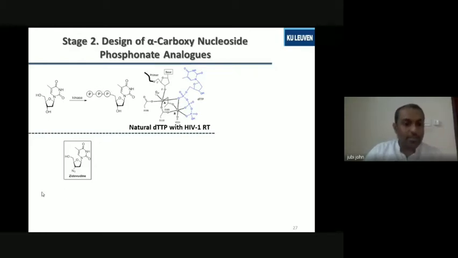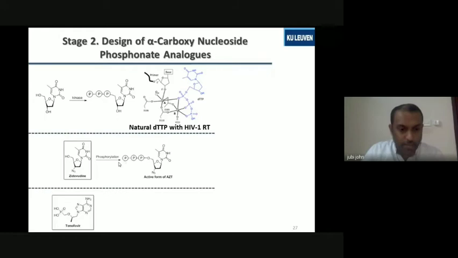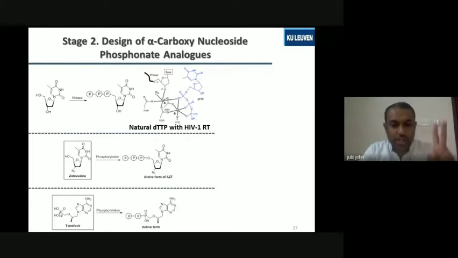Zidovudine is the first molecule which was approved for treatment against HIV. It undergoes triphosphorylation before it can interact with the reverse transcriptase enzyme, as shown here. The next is tenofovir. Tenofovir already has one phosphonate group, so it only has to undergo phosphorylation twice.